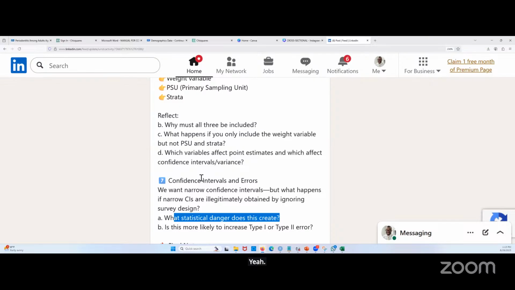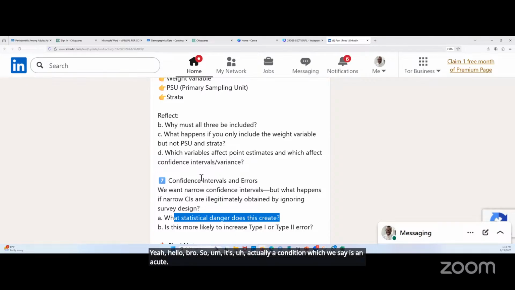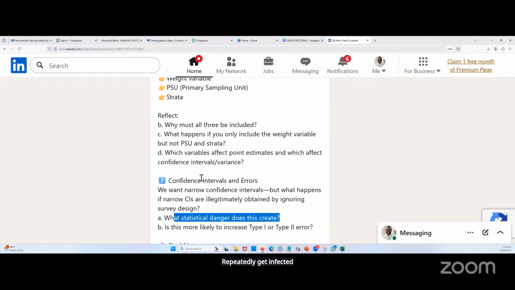Yeah, hello, Prof. Yes. So it's actually a condition which we say is an acute condition that we were looking at, and it was taken over a period. So we were expecting that there are some people who may even repeatedly get infected and come back to the facility.